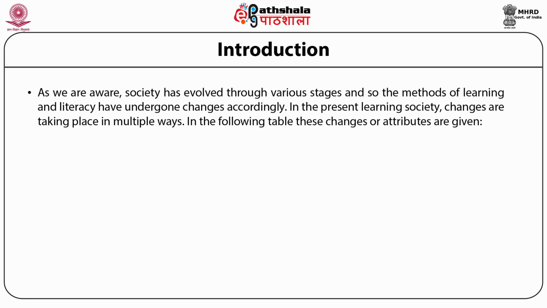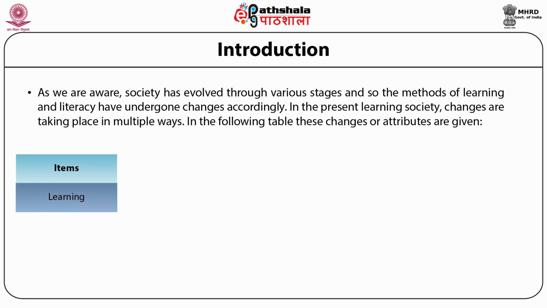As we are aware, society has evolved through various stages, and so the methods of learning and literacy have undergone changes accordingly. In the present learning society, changes are taking place in multiple ways. In the following table, these changes or attributes are shown.